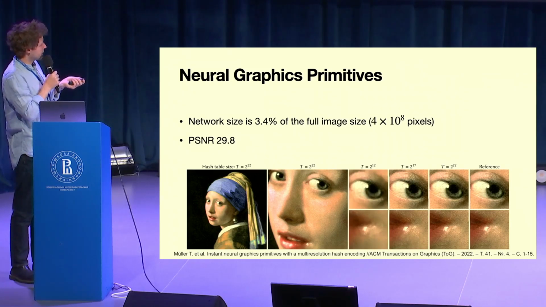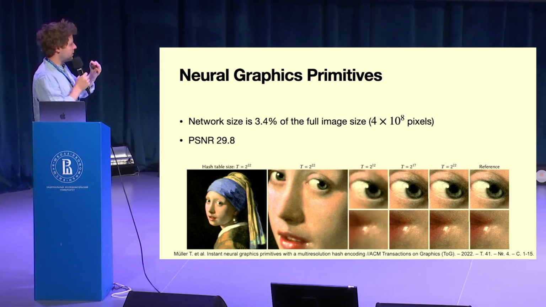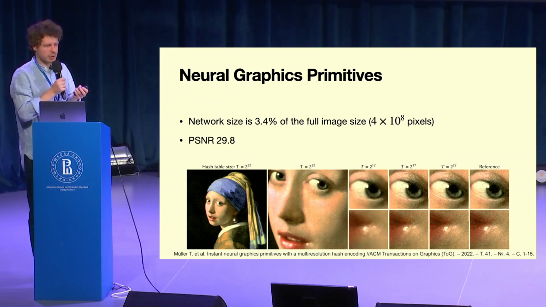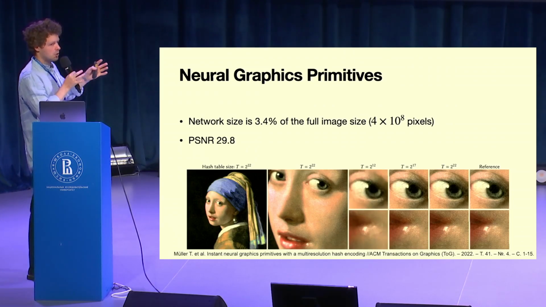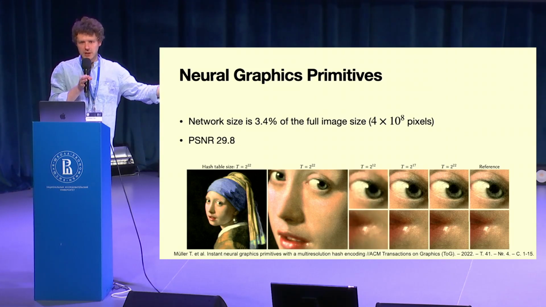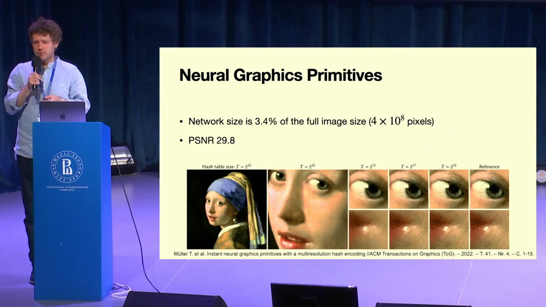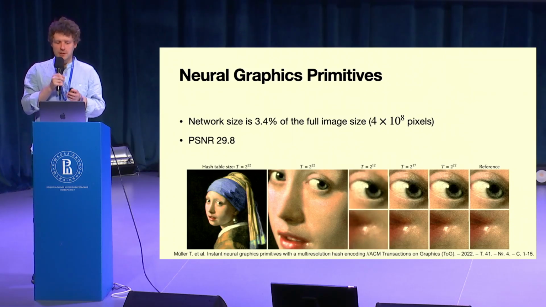The picture on the left is a reference image, and the second picture is an image rendered with a neural network. The weights of the neural network take up only 3% of the size of the image in uncompressed form, which is also quite impressive for representing detailed, intricate data.